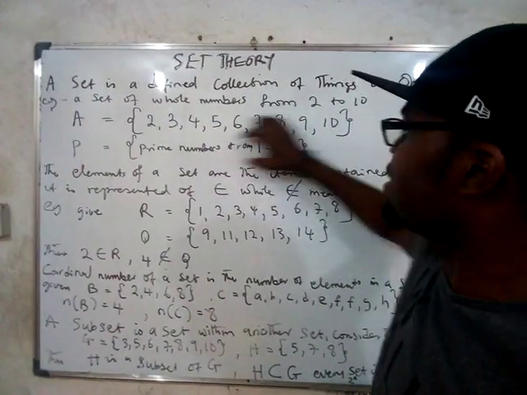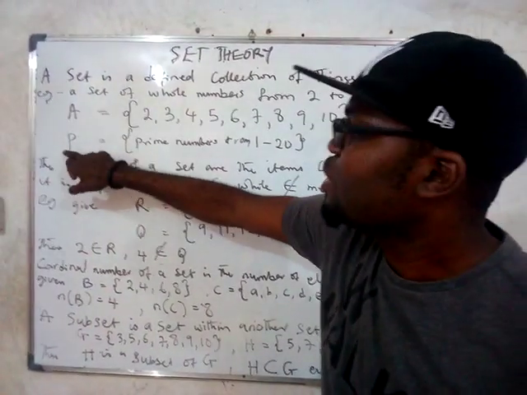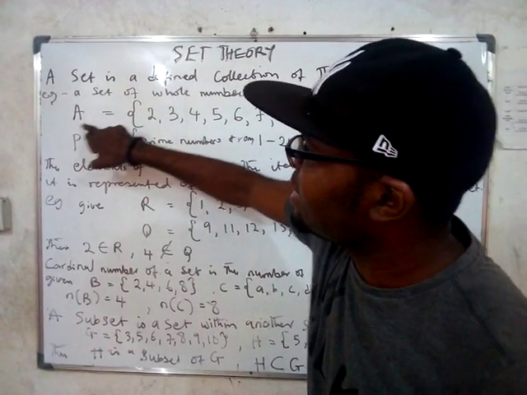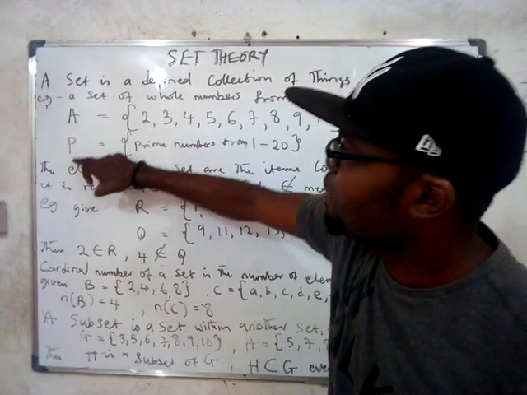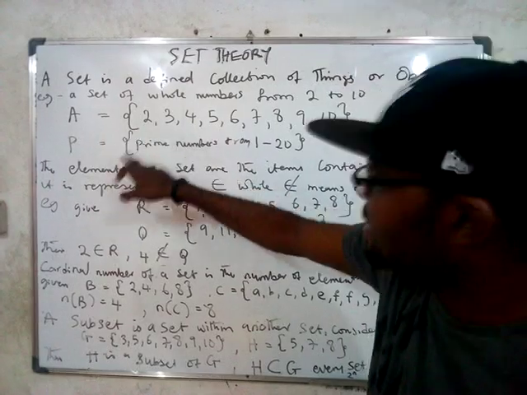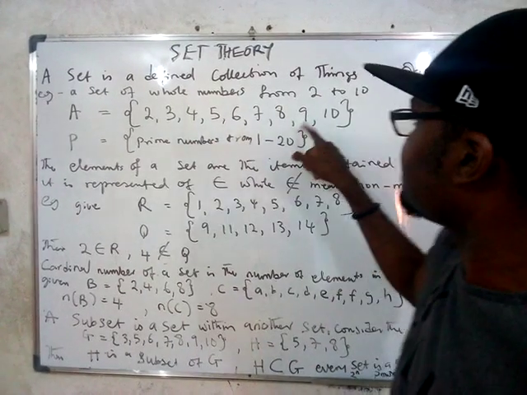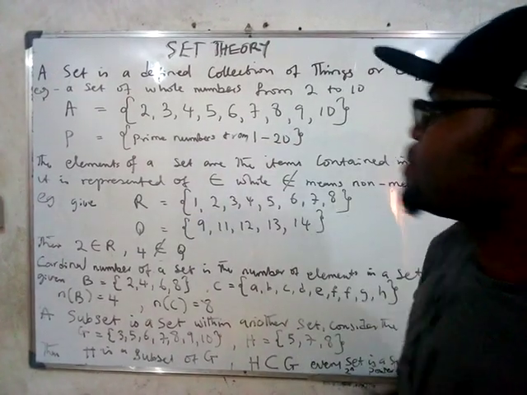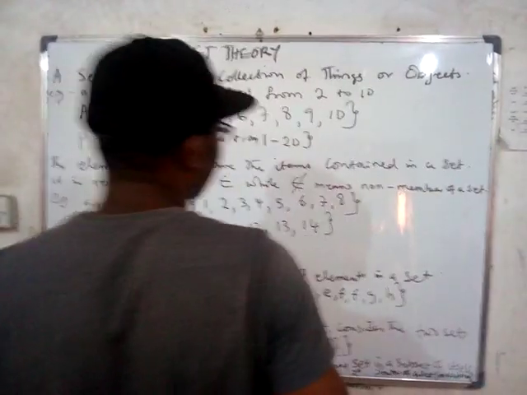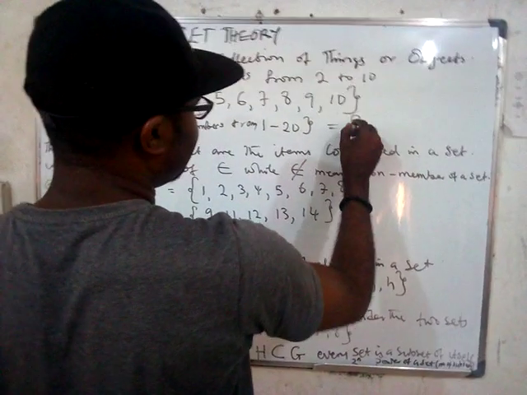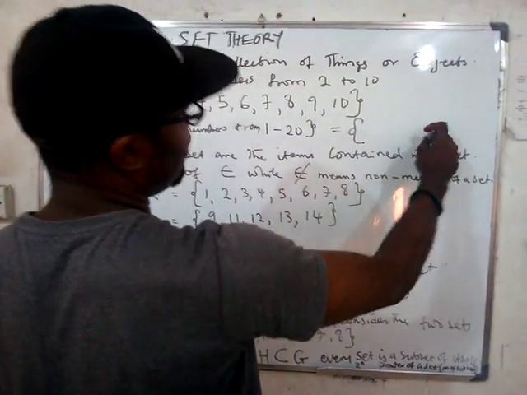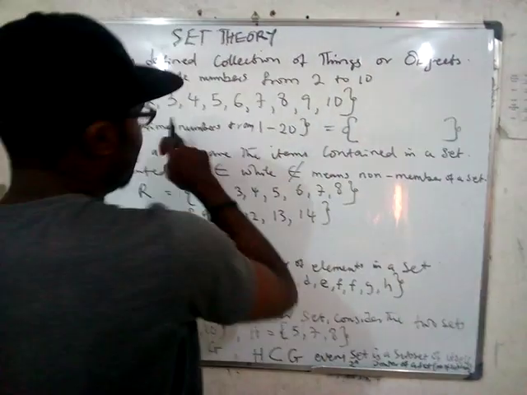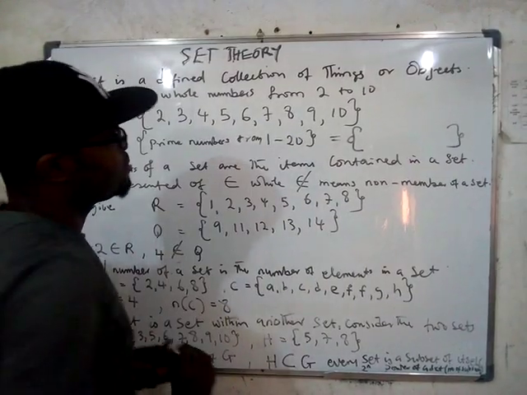You can also represent a set in this form. P. The set is always represented in a capital letter. P is equal to, whenever you see curly bracket, it means set of prime numbers from 1 to 20. So in that case, you can still represent this set showing the prime numbers itself or in a statement form like this.